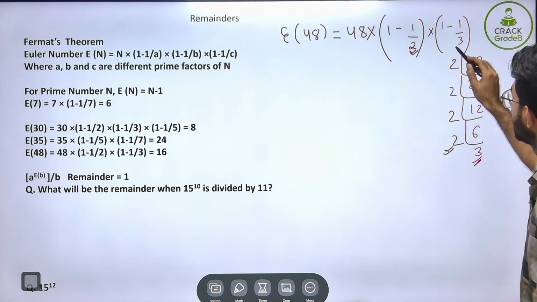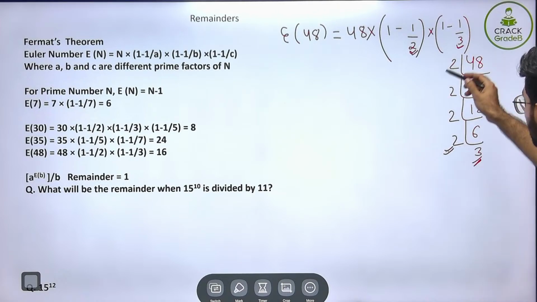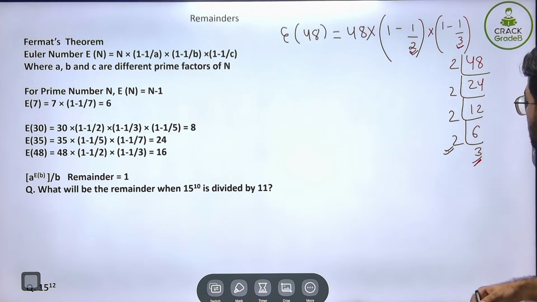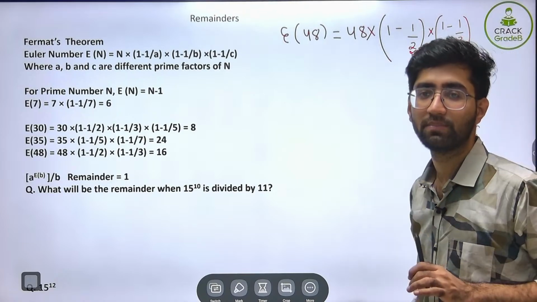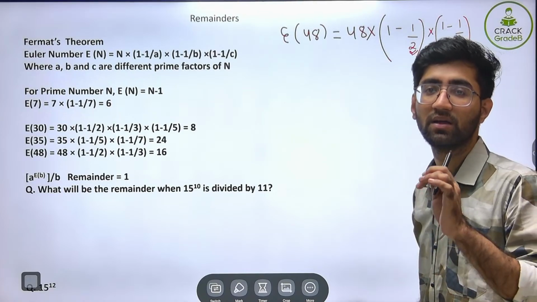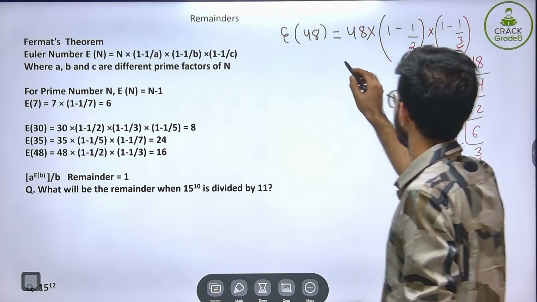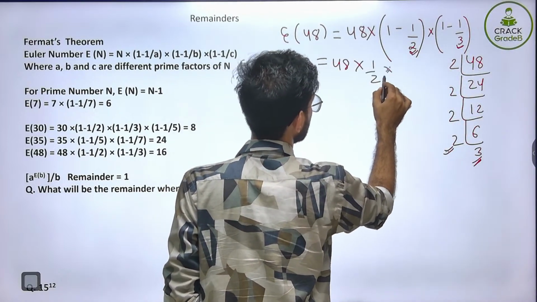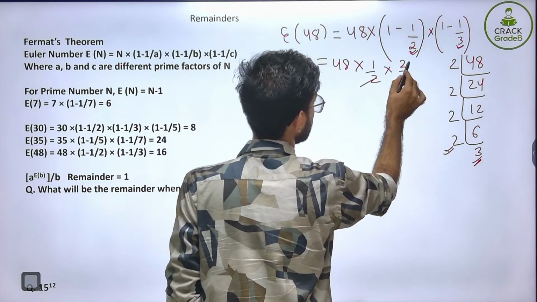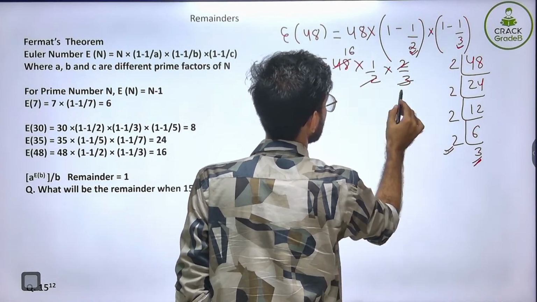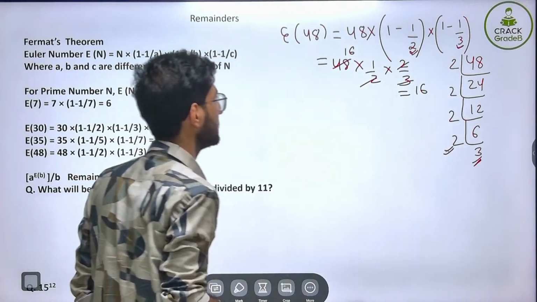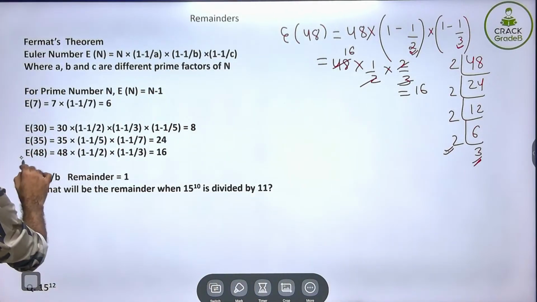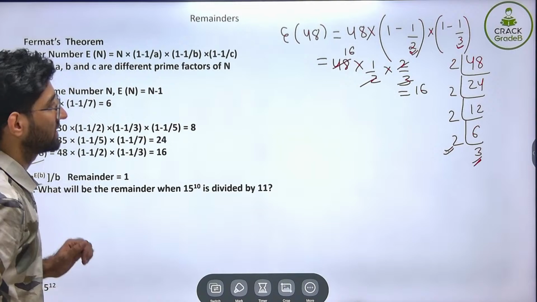Why have we taken 2 and 3? Simply because in the prime factorization of 48 you will see only two prime numbers, 2 and 3. If you simplify it further, you will write 48 into 1 by 2 into 2 by 3. So 2 and 2 will cancel each other. So the Euler number of 48 is 16.